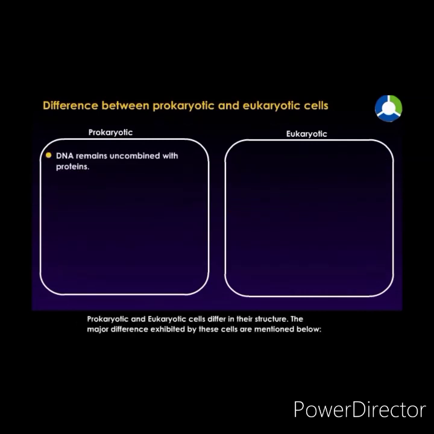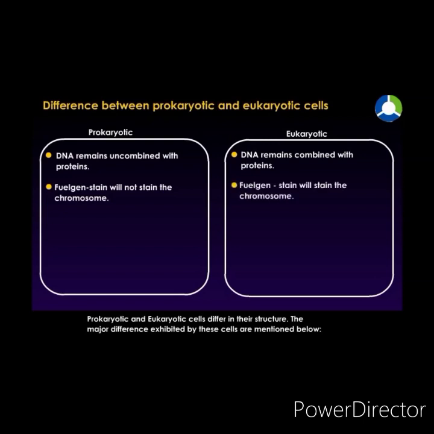In prokaryotic cells, DNA remains uncombined with proteins, while eukaryotic cell DNA remains combined with proteins. Feulgen stain will not stain the chromosome in prokaryotic cells, while in eukaryotic cells Feulgen stain will stain the chromosome. In prokaryotic cells, the nucleolus is absent, while in eukaryotic cells, the nucleolus is present, rich in RNA.